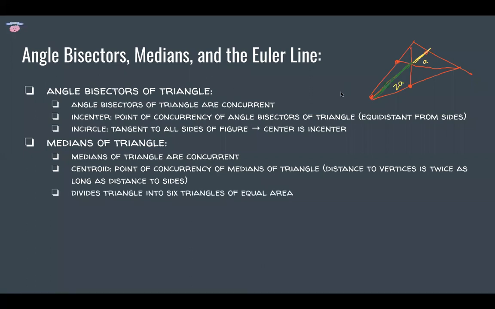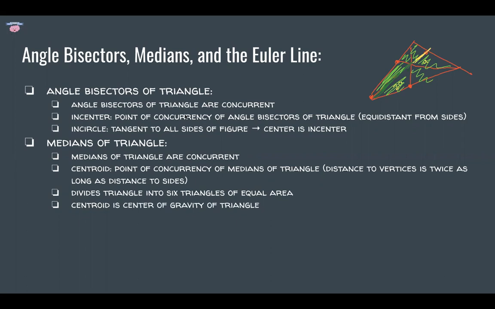It divides the triangle into 6 triangles of equal area. So this, it might not look like it at first, but new color time. This has the same area as this, this, this, this, and this. And another bonus, the centroid is the center of gravity of a triangle.